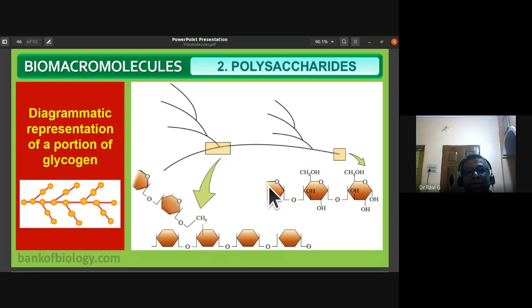Here is a diagrammatic representation of a portion of glycogen, showing how the homopolymer of glucose is branched. You should be able to recognize this diagram as an enlarged portion of glycogen.